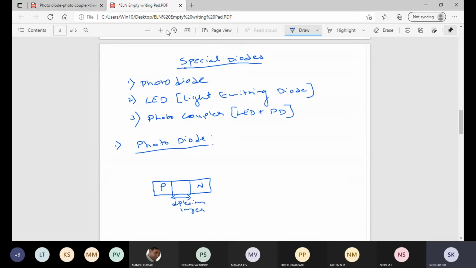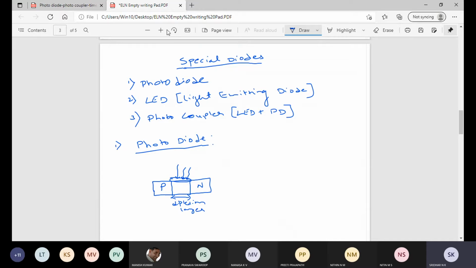Upon this depletion layer, they will make one transparent window, that is glass material, such that light is made to fall on this window, so that the light will fall on the depletion layer.